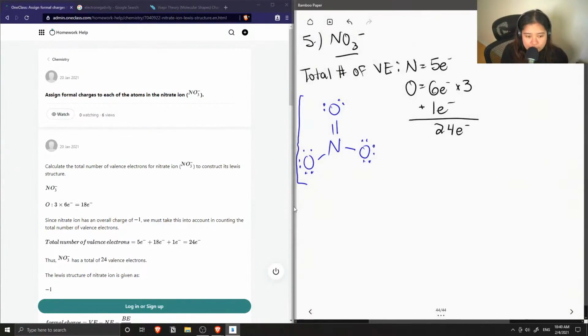So the equation for formal charge is equal to the number of valence electrons minus the number of non-bonding electrons minus the number of bonding electrons divided by 2.